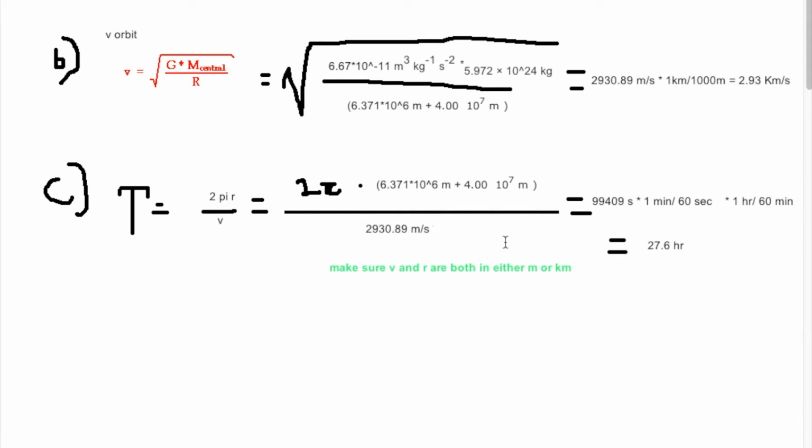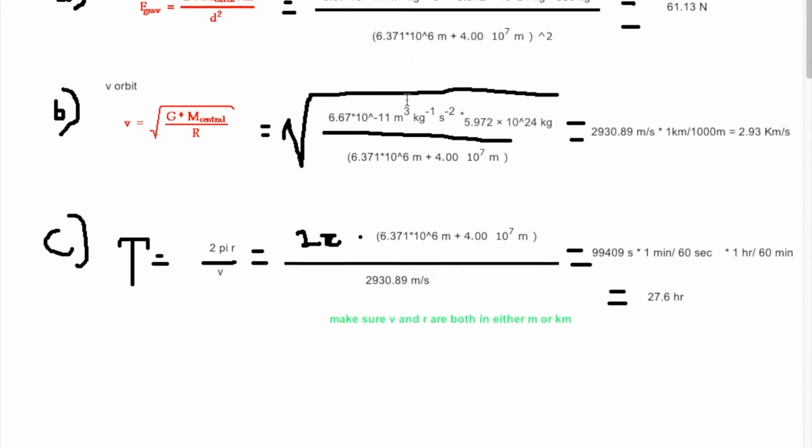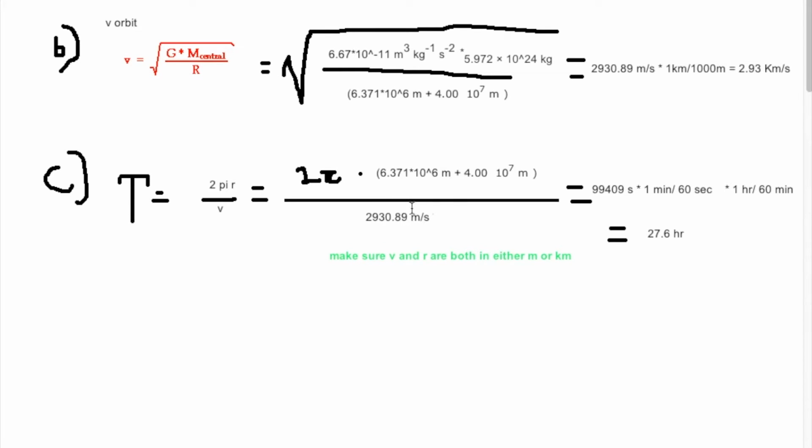I did it both in meters because I like meters. I had this in my calculator before I divided by 1,000, and then I solved for this radius. But if you wanted to use kilometers for the velocity, you have to convert the radius too, because you want the units to cancel, and for everything to just become seconds.